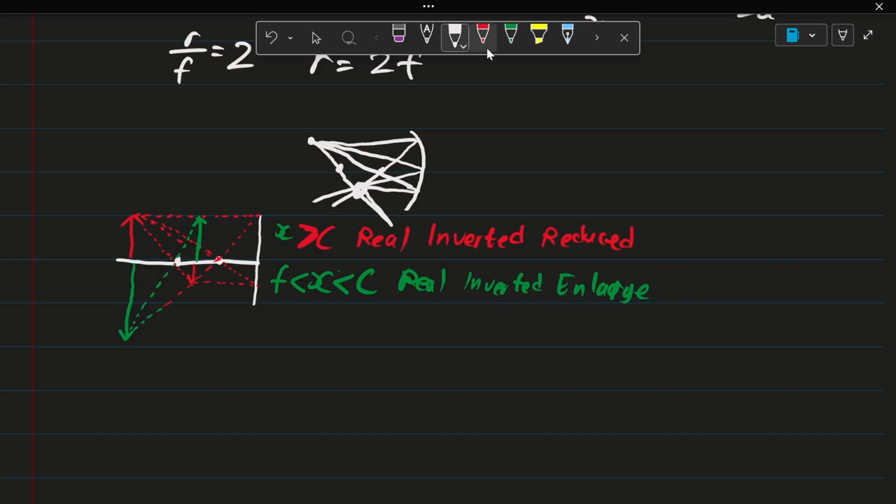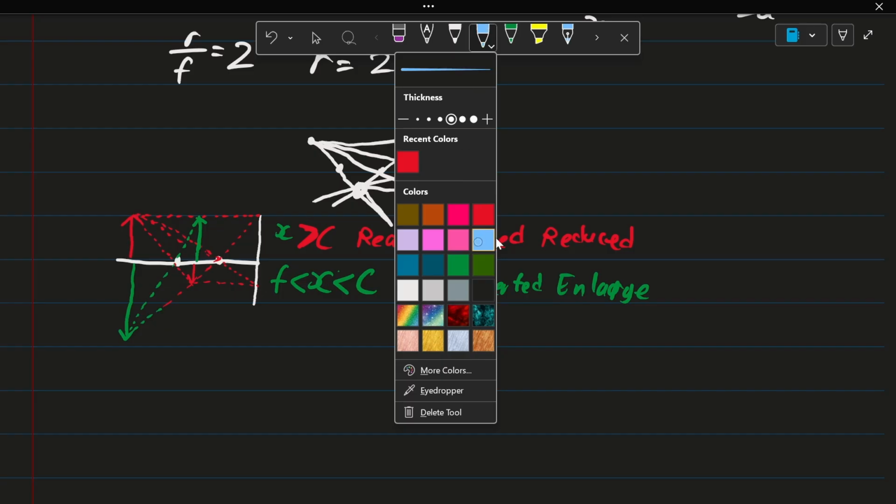Now finally, what if we put our object within, so let's take a different color, blue.